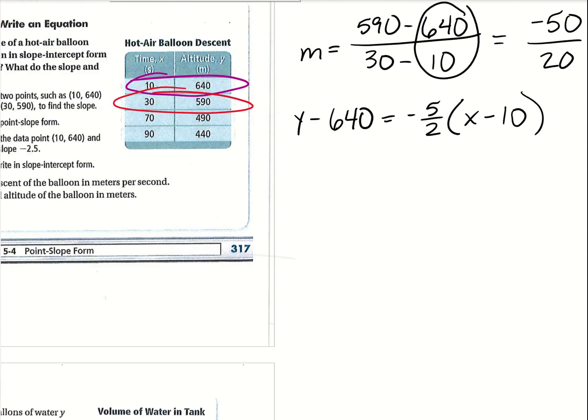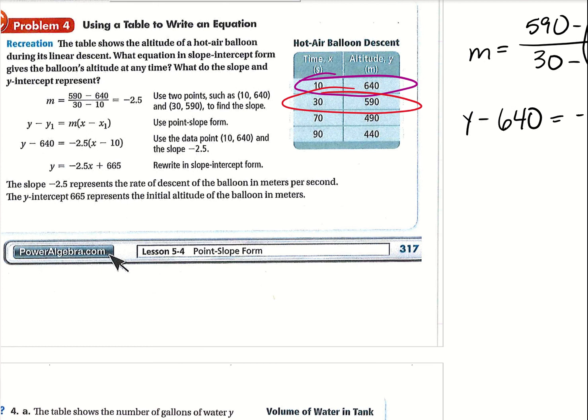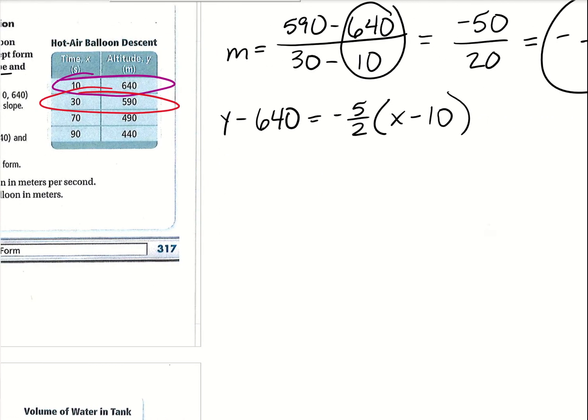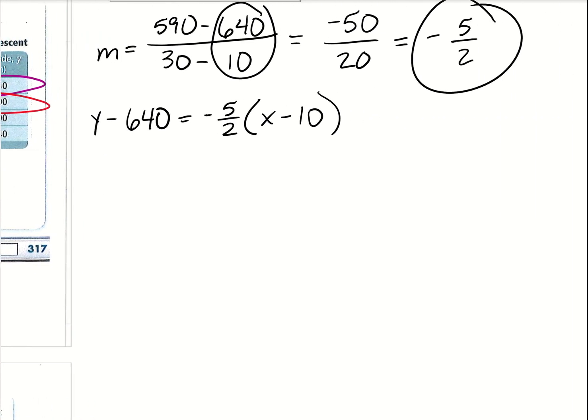Now, it asks us to interpret what the slope and y-intercept represent, which means that we're going to need our y-intercept. You don't have a y-intercept available from this equation, so we're going to have to figure that out. So our next step is going to be to simplify this into slope-intercept form. If you struggled with example 3b, this is going to show you how to do it.